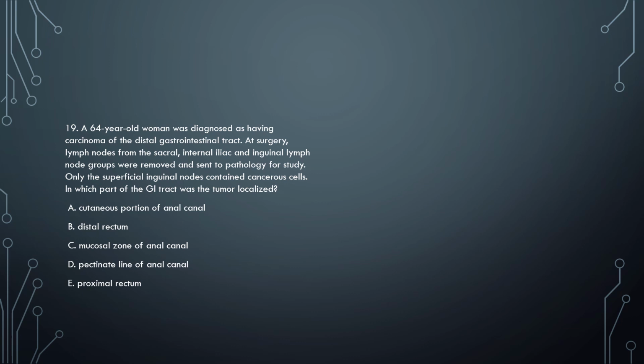Question 19. A 64-year-old woman was diagnosed as having carcinoma of the distal gastrointestinal tract. At surgery, lymph nodes from the sacral, internal iliac, and inguinal lymph node groups were removed and sent to pathology for study.